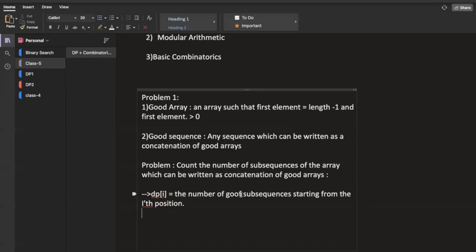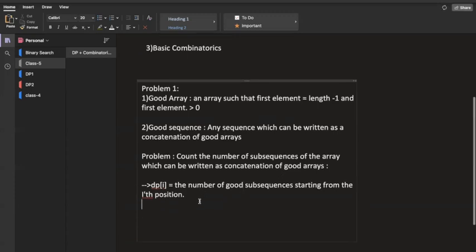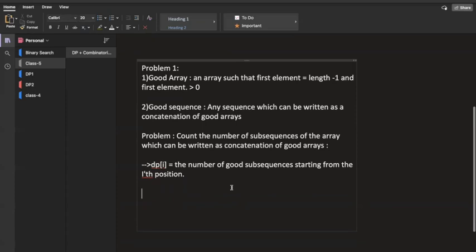This is the definition of DP which I am taking. And as we'll see later, this one-dimensional DP array is going to be sufficient to solve this problem. The definition is that dp[i] stores the count of the number of good subsequences of the array which start at the ith position. That is, the first element of the subsequences is a[i], right?